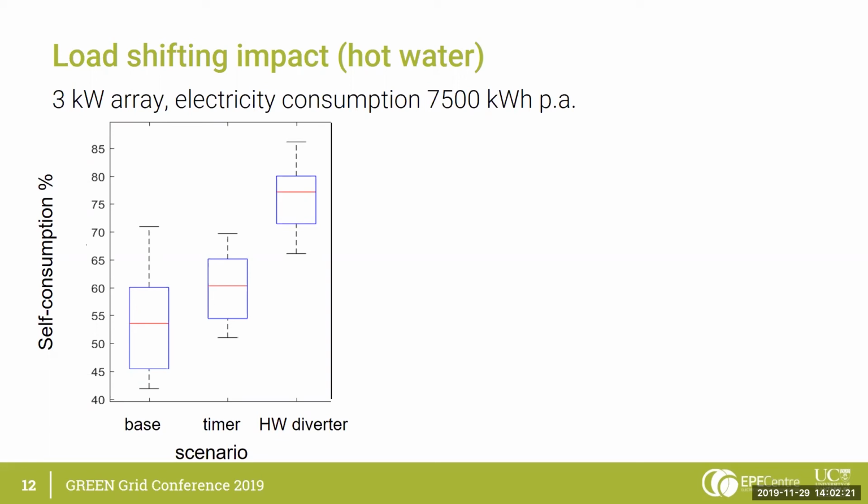And you can see the red lines represent the median result, and the boxes are the 25th and 75th percentile of results. So you can see we're starting base case of an order of sort of 50% here. We're implementing a timer, we get improved self-consumption, about, I don't know, 6 or 7%, and the hot water diverter improves to about 20%.